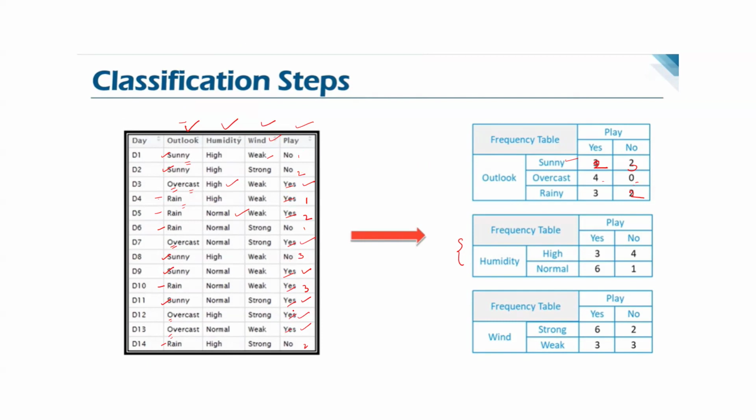We have total 9 yes, which means the remaining are 5 no. So now what we are going to do is, out of 9 yes it is 2, out of 5 it is 3. Similarly 4 by 9, 0 by 5, and 3 by 9, 2 by 5. Now, this is the probability of yes, and this is the probability of no. Okay, this is the second step.